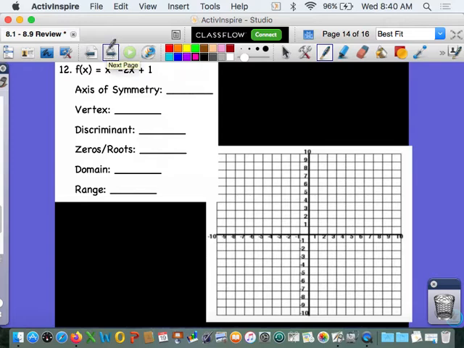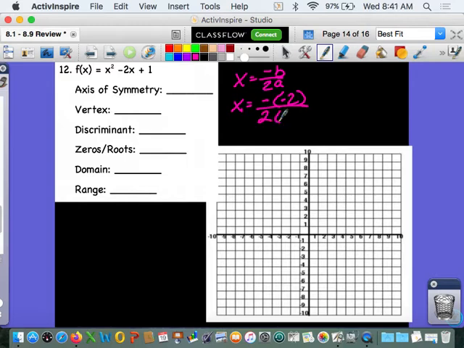Number 12, what form is this in? This is our standard form. So with standard form, we have to actually find the axis of symmetry. What did we say that formula was for axis of symmetry? X equals -b over 2a. So x equals negative my b value, -2, over 2 times my a, which is 1. So 2 over 2 is 1.